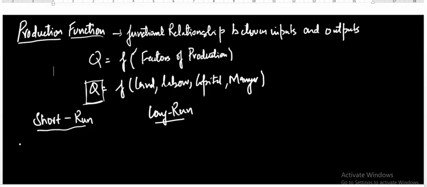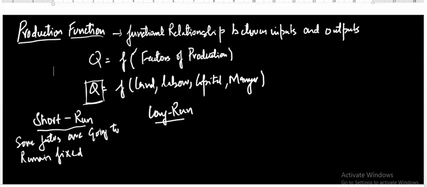So it is very difficult for a firm to install new machinery and equipment in the short run. So it means that some factors are going to remain fixed over this short run time period.